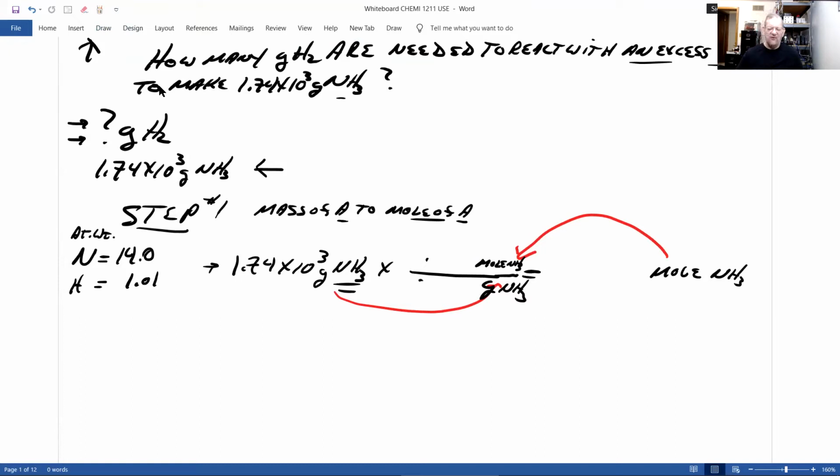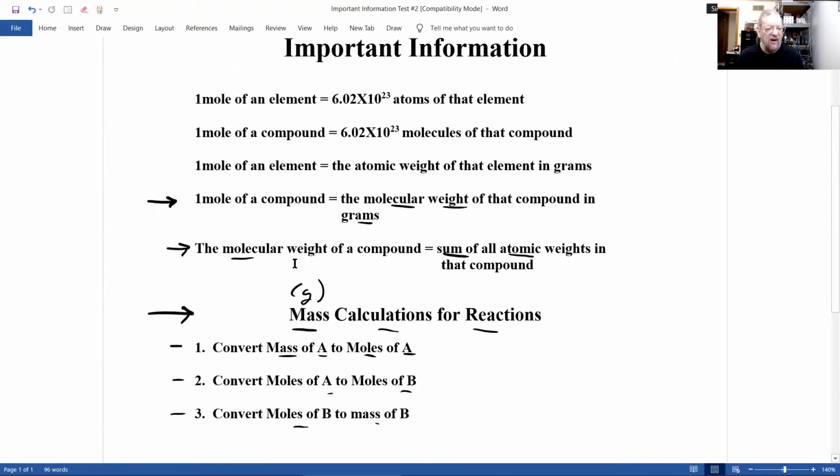And where do I get the relationship between moles of ammonia and grams of ammonia? We have right here, 1 mole of a compound equals the molecular weight of that compound in grams. Well, I need the molecular weight of ammonia, which is the sum of all atomic weights of that compound.